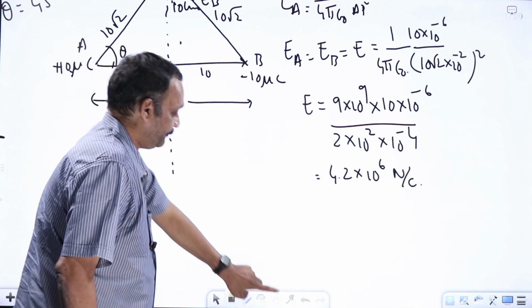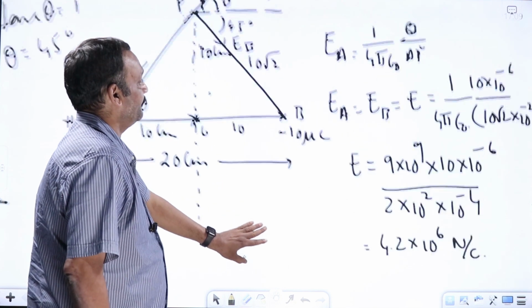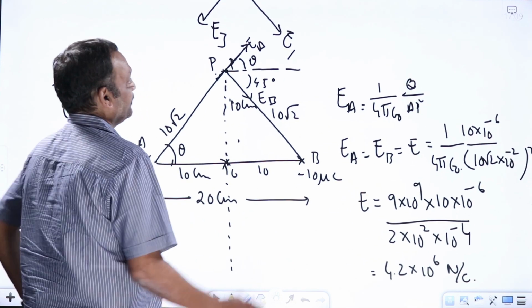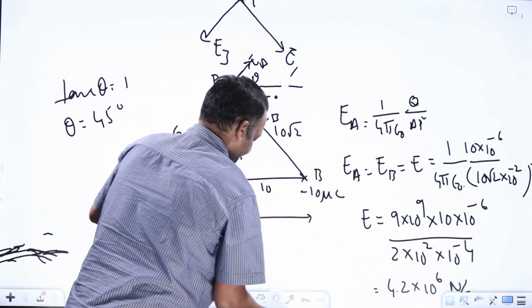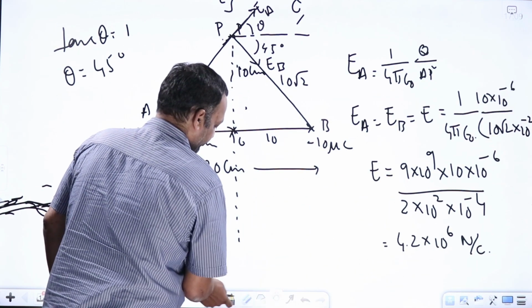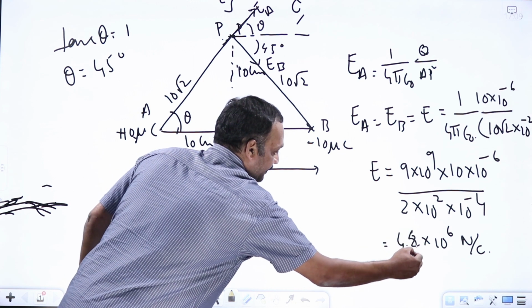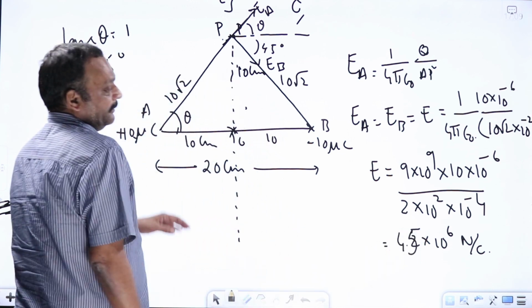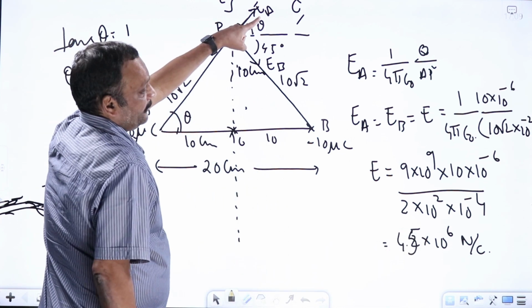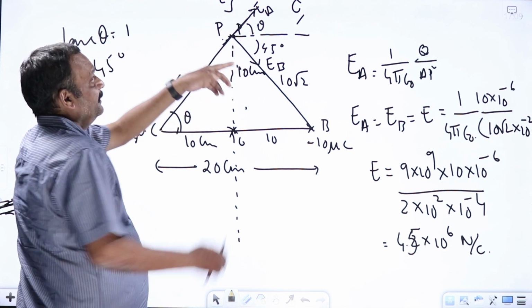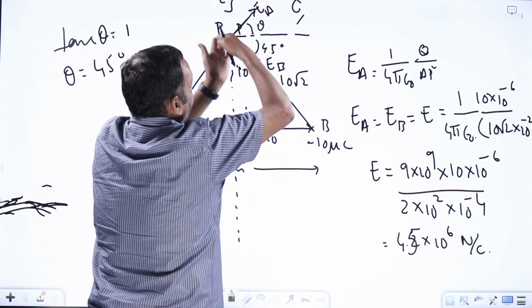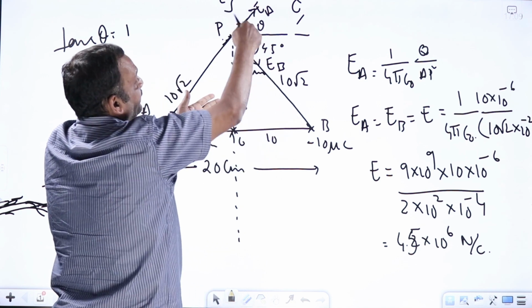Now if you look at this picture, EA magnitude is equal to 4.5. Now EA is 4.5 into 10 to the power 6, EB is also 4.5 into 10 to the power 6. This is in this direction. What is the angle between EA and EB?